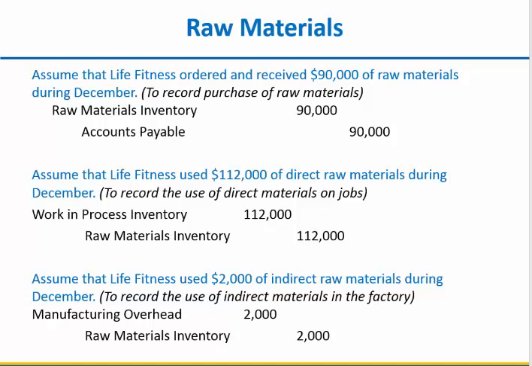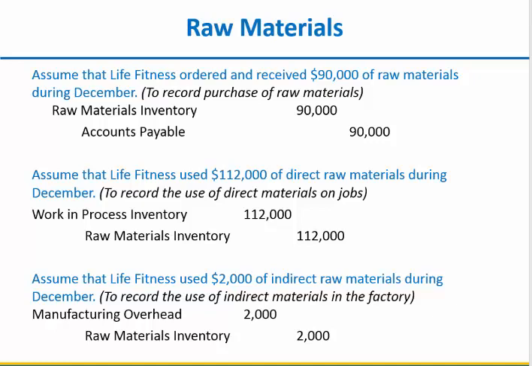The company feels that, okay, I don't have enough raw materials to complete my production. I'm going to buy raw materials from a supplier. So during December, this company ordered and received 90,000 of raw materials. This 90,000 of raw materials will increase my raw materials inventory balance, but I also have a liability I have to pay the suppliers.